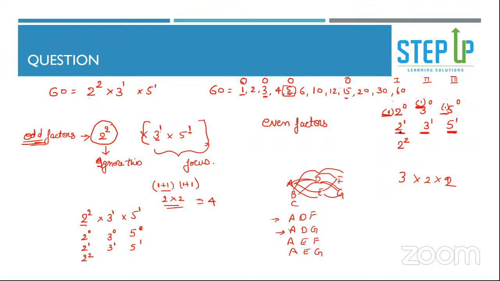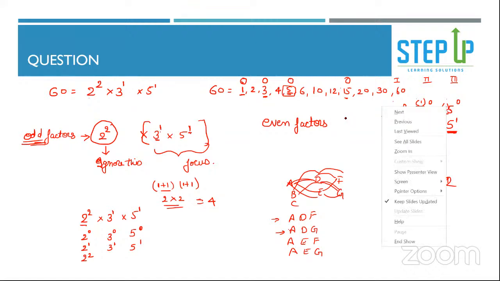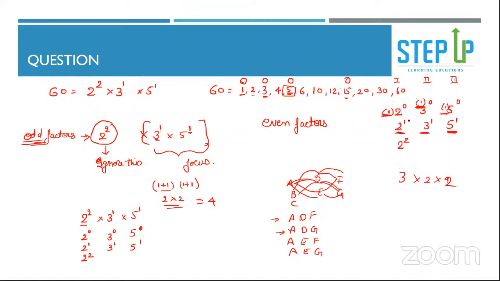So now 2 to the power 1, 2 into 1 into 1, you got 2. 2 into 1 into 5, you will get 10. 2 into 3 into 1, you will get 6. 2 into 3 into 5, you will get 30.